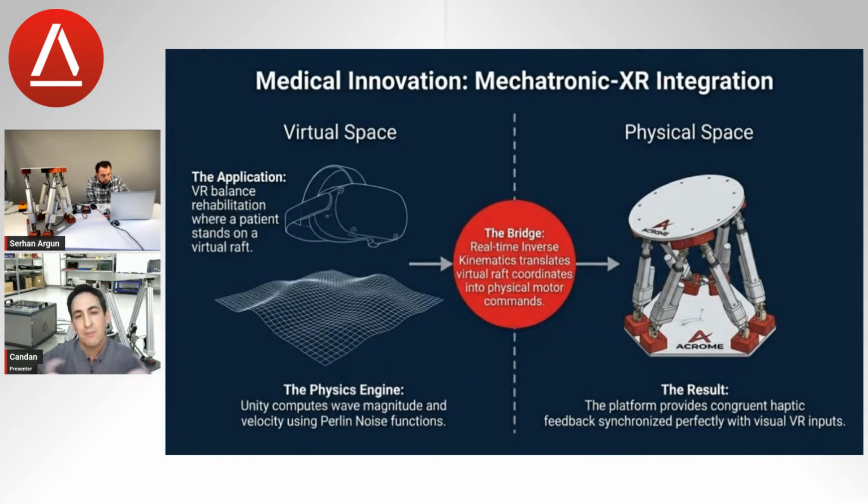At the same time, they were also presenting the raft's video on the VR headset. The important thing here is to combine the physical reality, the motion of the Stewart Platform, with the visual reality and also the audio reality.